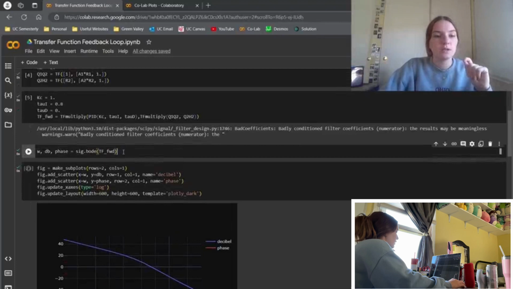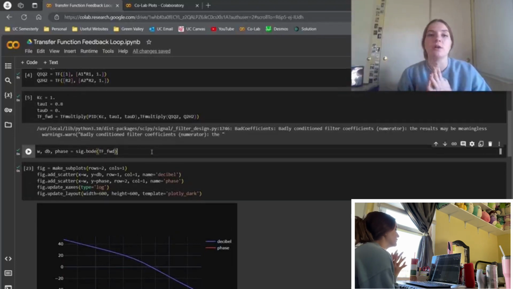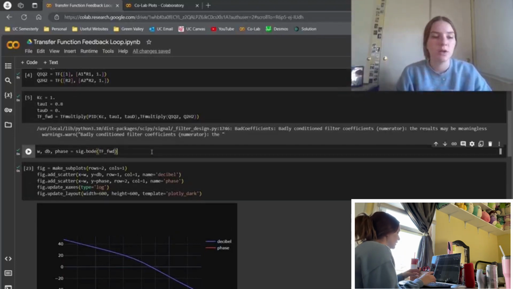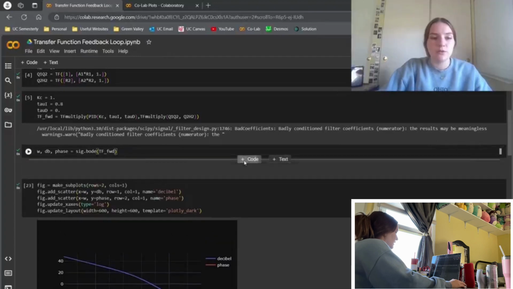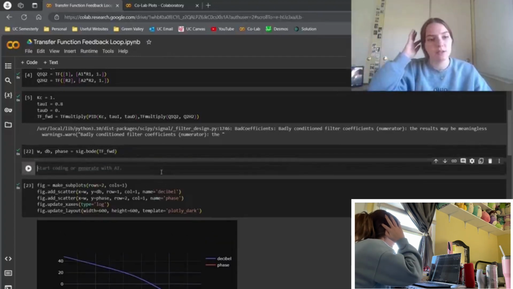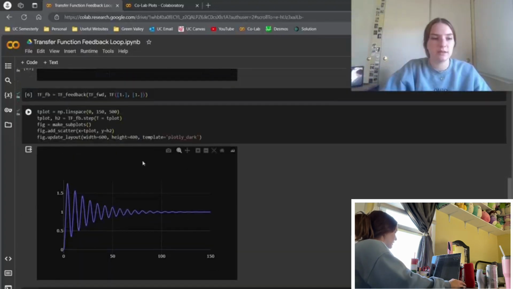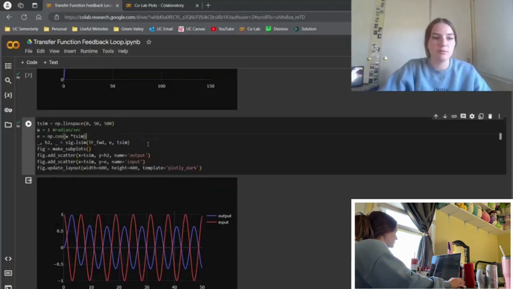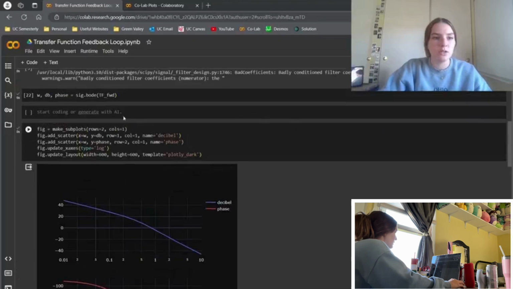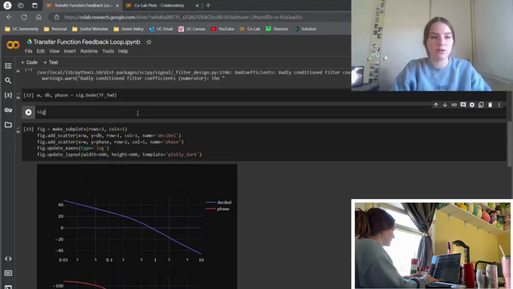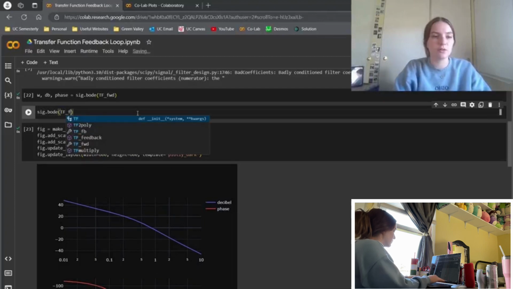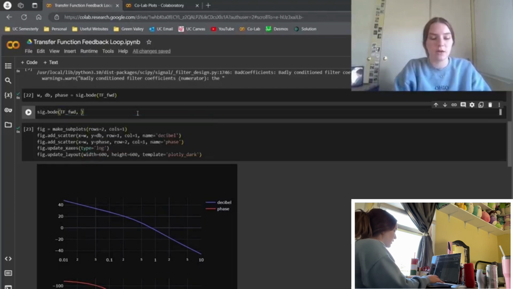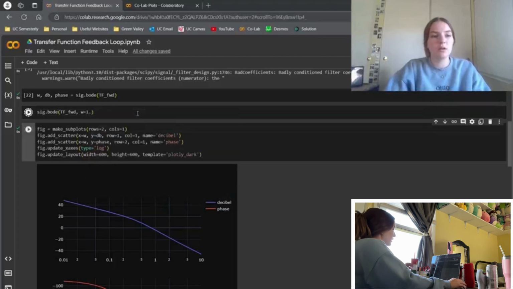So now we can start looking at finding a numerical value for our amplitude ratio. So if we want to find these at our omega is equal to 1, like we did in this last problem down here, our omega was equal to 1, we can do another sig.bode of our forward transfer function, and we can tell our code that we want the values at omega is equal to 1.